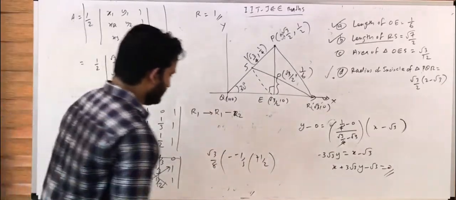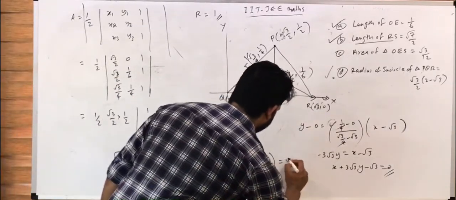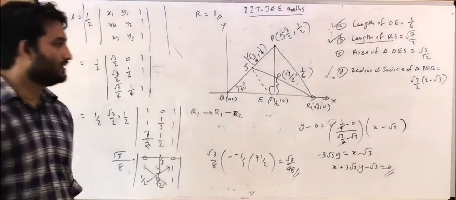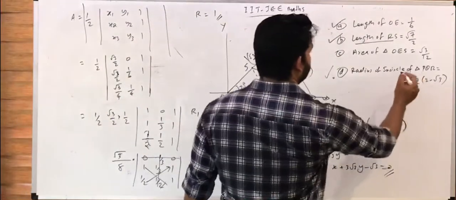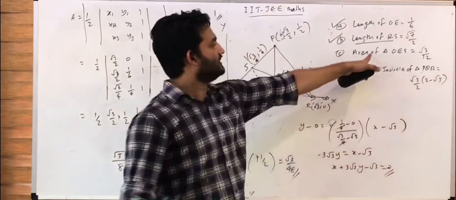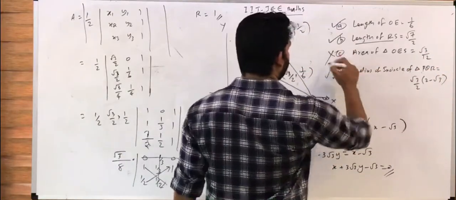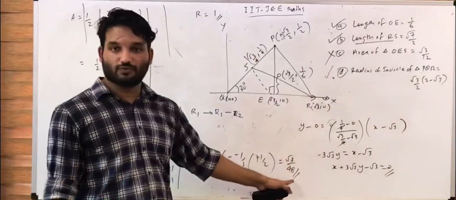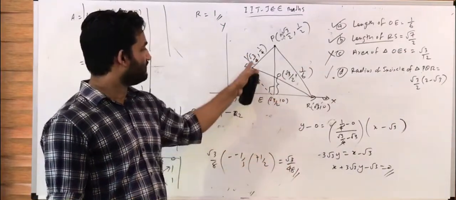Okay, so we get the answer root 3 by 48. This is root 3 by 12. So this option is wrong because the answer is root 3 by 48 for the area of triangle OES.